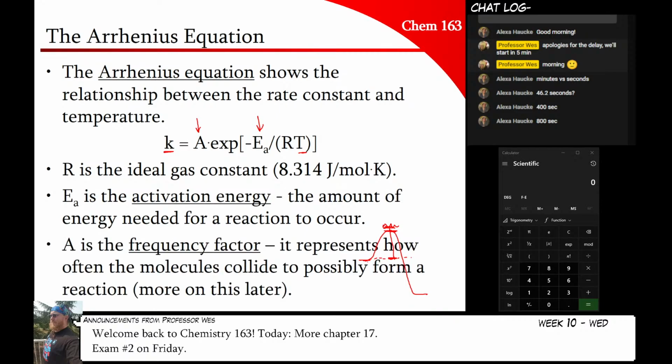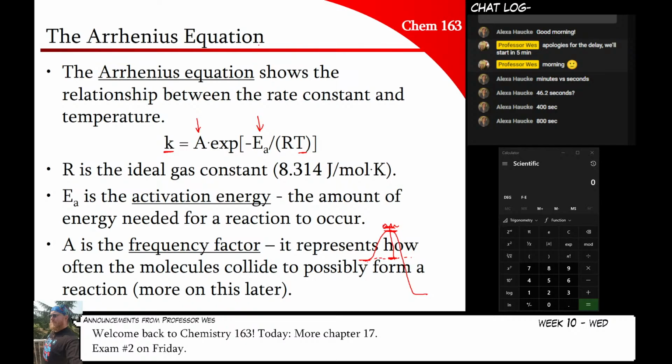A is just a number that represents how often collisions occur and how often those individual collisions result in a reaction. So, we call it the frequency factor. And so, really, for our purposes, A is just going to be some number.